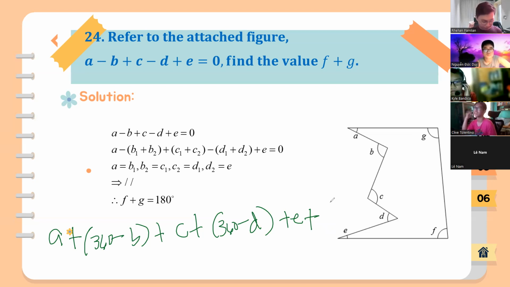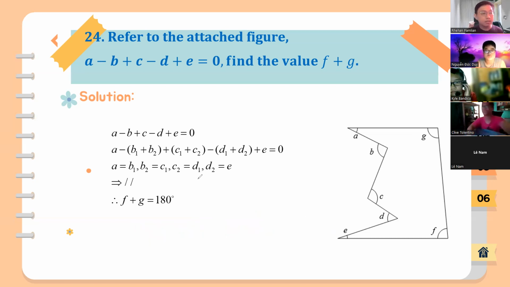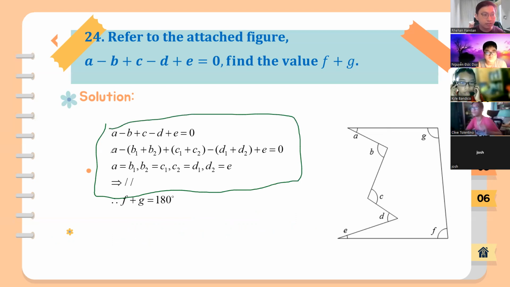So I think the best solution here, guys, is to first verify if it's parallel or not. Actually, this solution part here is basically verifying that they are parallel. You would notice that B here was divided into B1 and B2. Why is it divided?